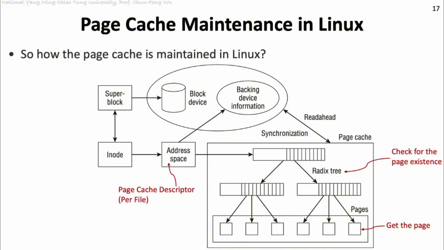When one day this file is read from the storage device into the memory, we call it writing into the page cache. And we need some way to know the location, the address, of this data in the page cache. So this is done using the page cache descriptor. And this page cache descriptor is per file. Each file has its own descriptor, okay?